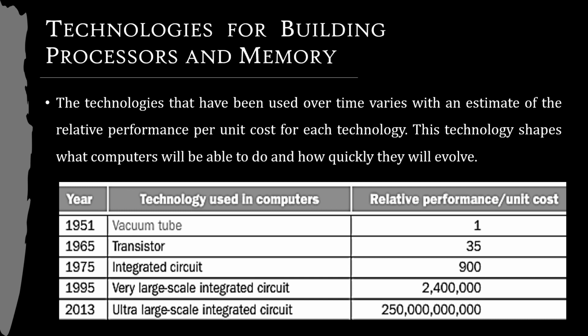In the year 1975, integrated circuit technology is used in the third generation computers with a relative performance of 900 per unit cost. In the year 1995, very large scale integrated circuits are used. And in the year 2013, ultra large scale integrated circuit technology is used in computers.